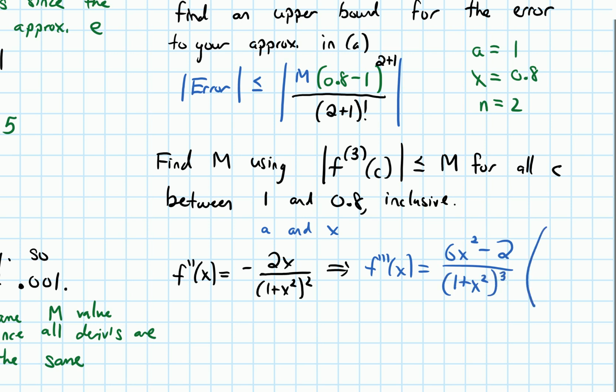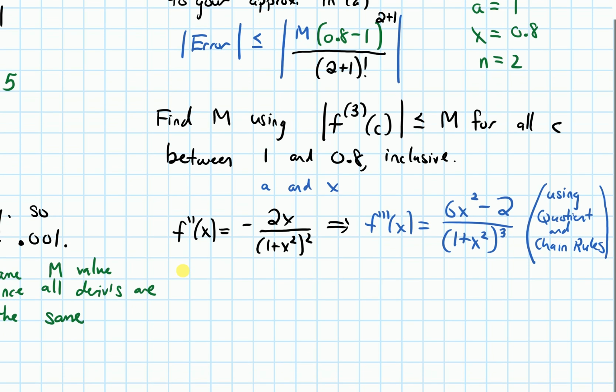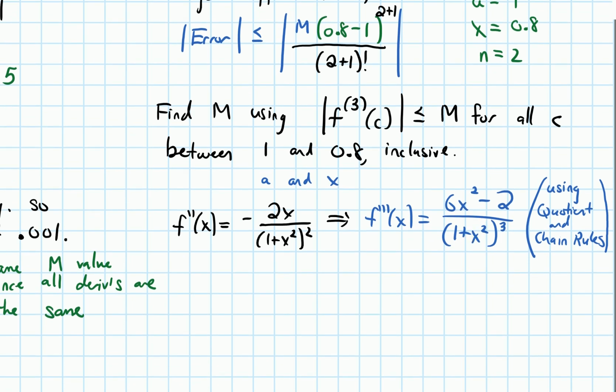I'm not going to go through the computation there. You use the quotient and chain rules and simplify a bit, and you'll get that this is the third derivative. I'm skipping that computation because that's not really the heart of the problem, and I want to spend more time talking about how to find M, rather than how to take a derivative.